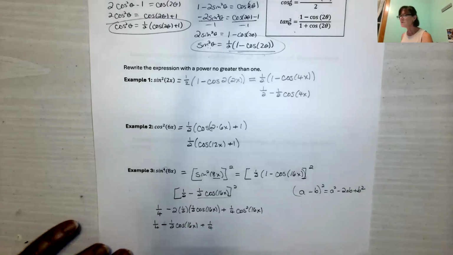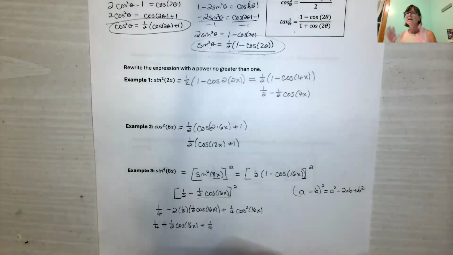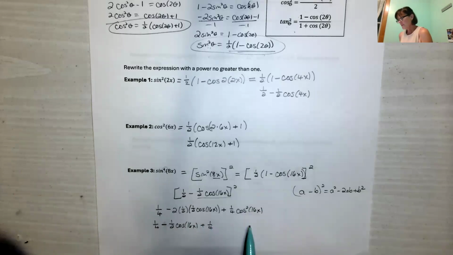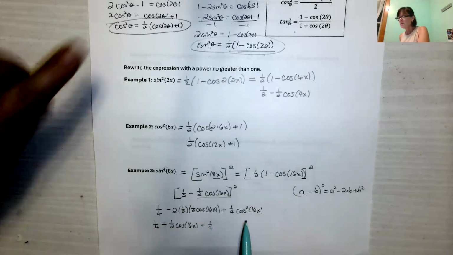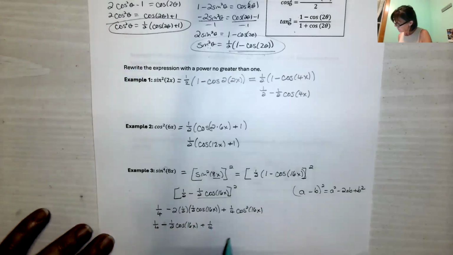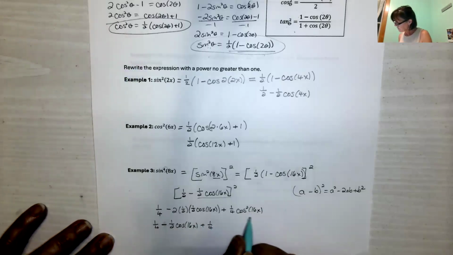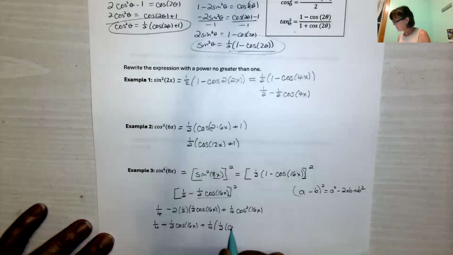And so the instruction said, write everything so the highest power is 1. And I still have a power of 2. I'm going to have to do another rewriting. And it's not going to be hard, though, because I'm going to use this guy right here. So cosine squared of 16x is equal to 1/2 times the cosine of 2 times theta plus 1, but this time theta is 16x.